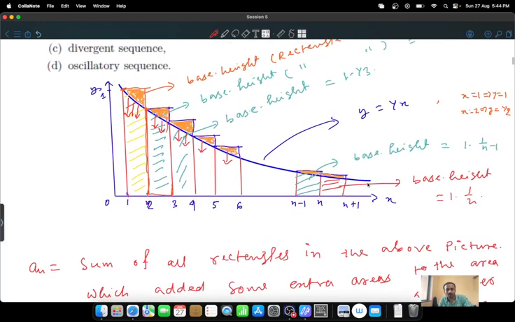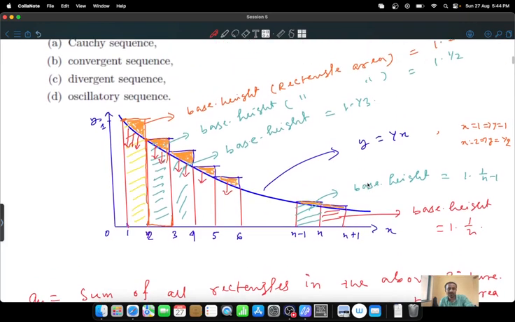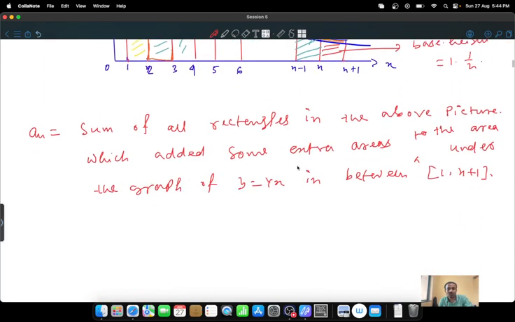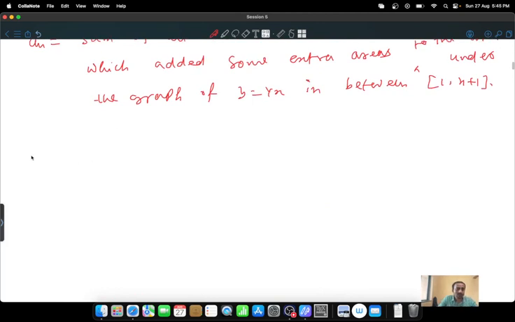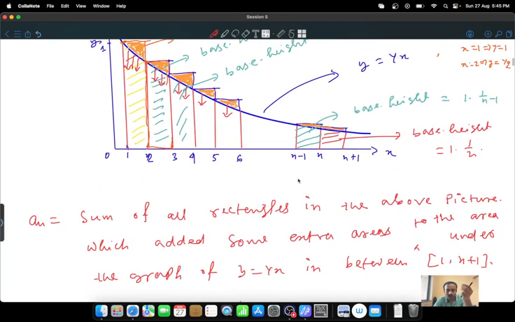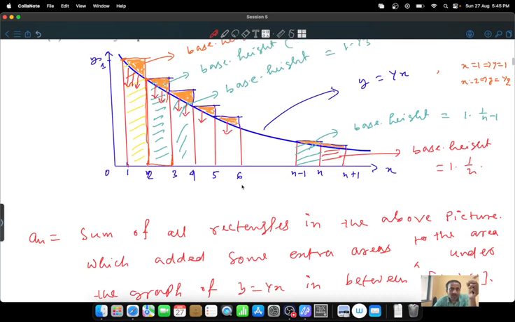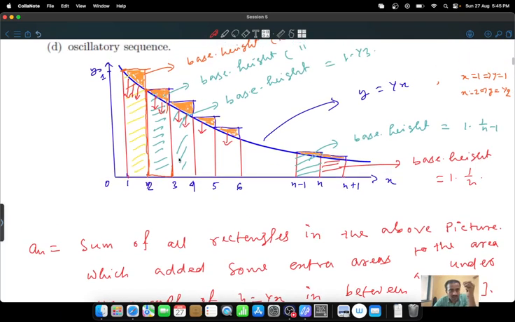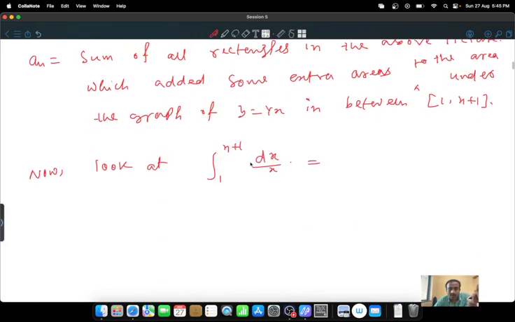Okay, so now you have the basic concept of integration from class 12, that you know how to integrate. Now look at the integration from 1 to n plus 1 of dx by x. What is this quantity? Later we will calculate it, but geometrically what does it say? It says the area under the graph, and here the function is 1 by x that I have considered.